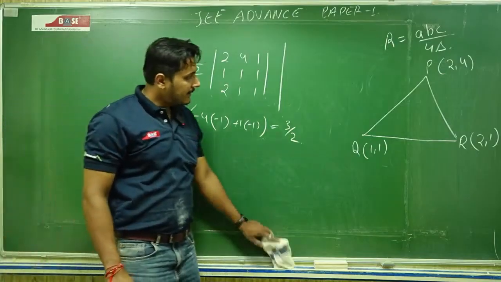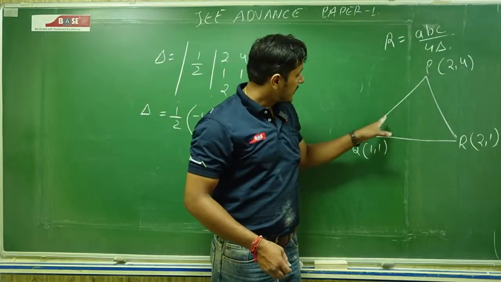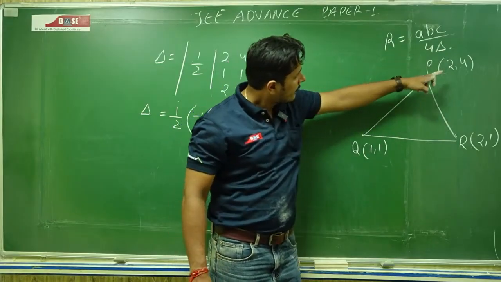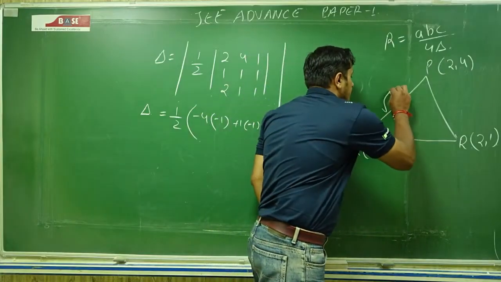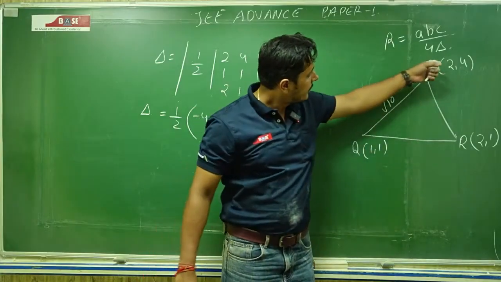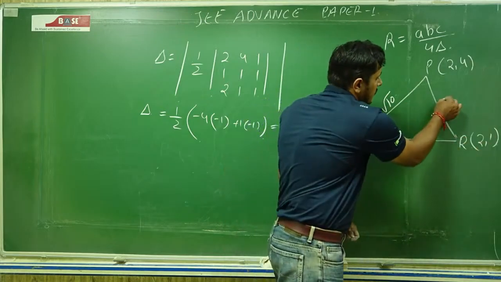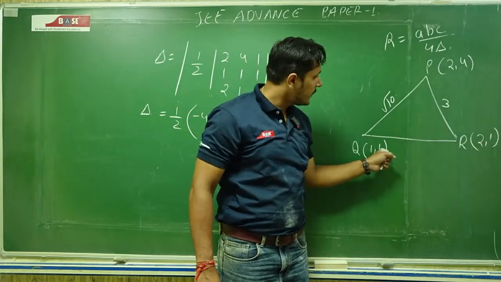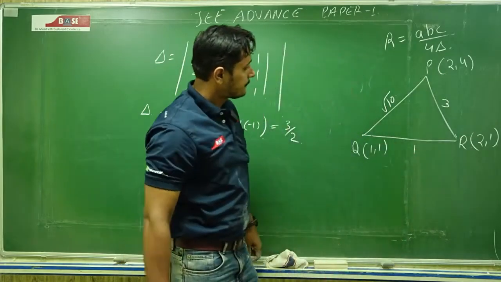Now let's find length. We can directly find length, easy to find, no rational numbers, directly integers are there. So 2 minus 1, 1, 4 minus 1, 3, 3 square 9, 9 plus 1, root 10. So PQ is root 10. 2 minus 2, 0, 4 minus 1, 3, 3 square 9, under root, and 1 minus 1 square 1, and 1, 1 cancel, so this is going to be 1.